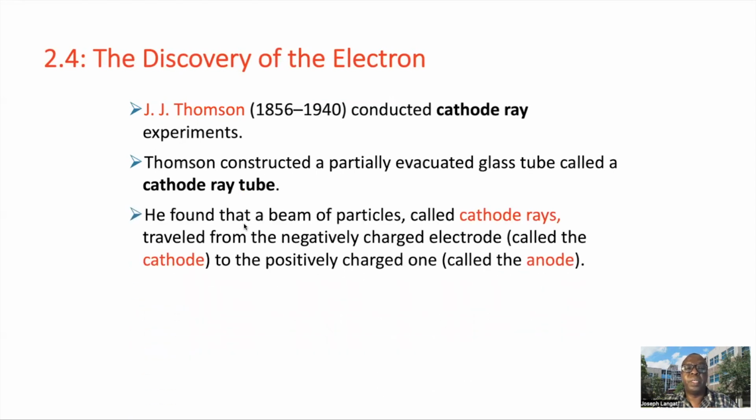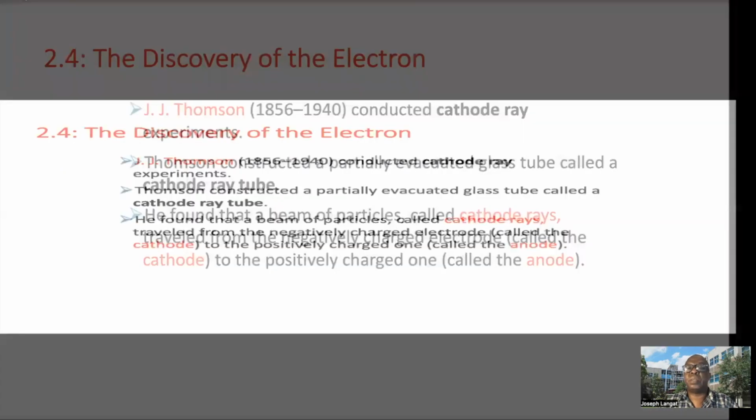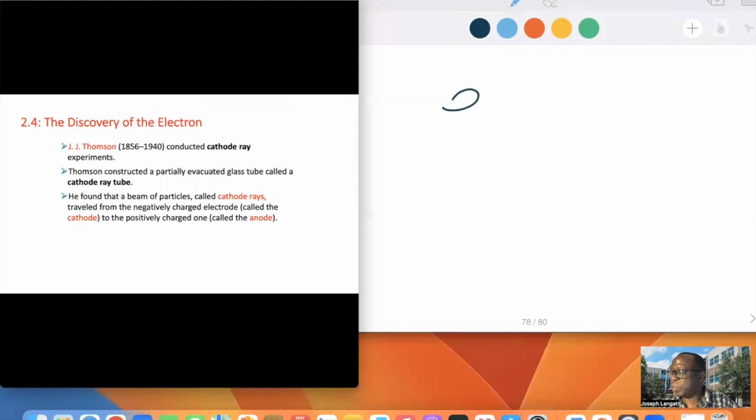He found that a beam of particles called cathode rays travels from the negatively charged electrode. There were 2 electrodes, A and B, where B, in this case the anode, is positively charged. Remember, electrons are negatively charged.